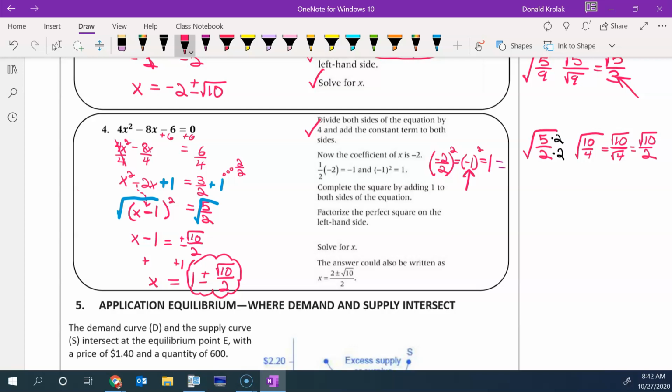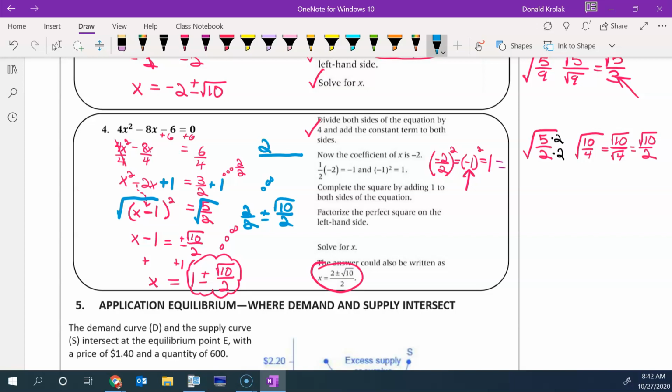Now, if you look over here, it says the answer can also be written as 2 plus or minus root 10 over 2. Okay, the way that one was arrived at is you take this 1 and you turn it into a fraction. Now you can add those two fractions.